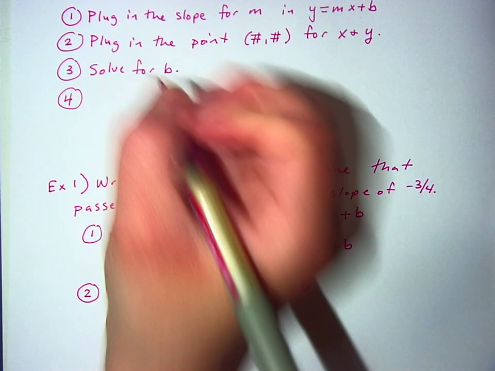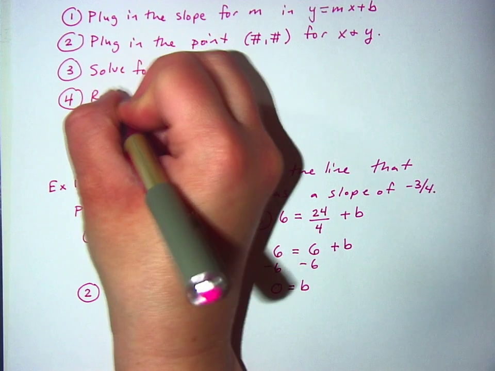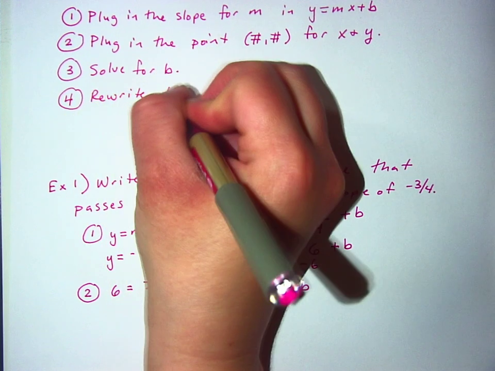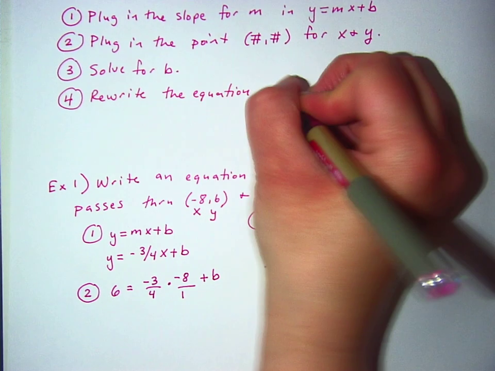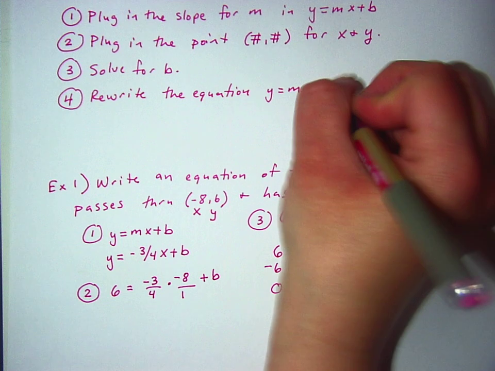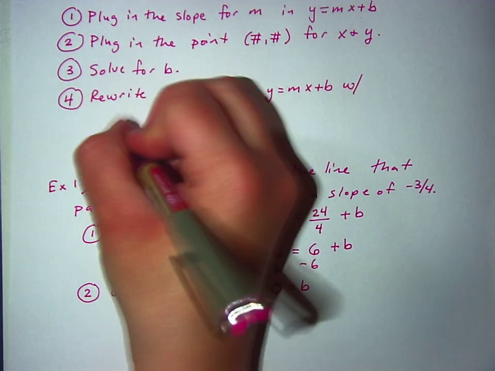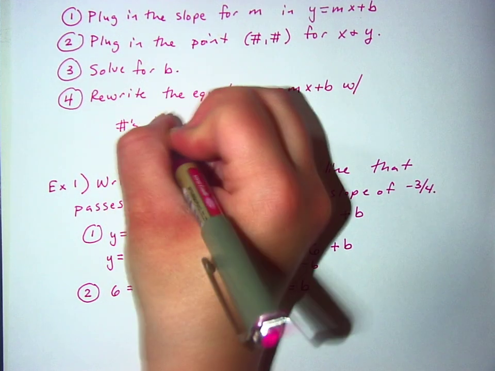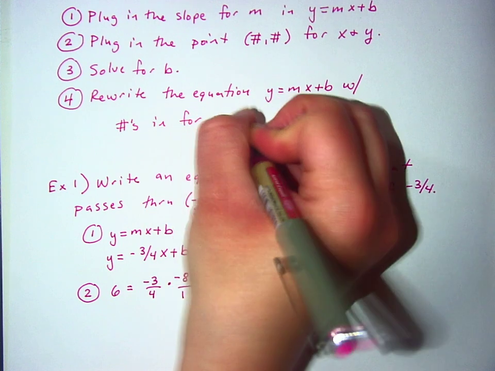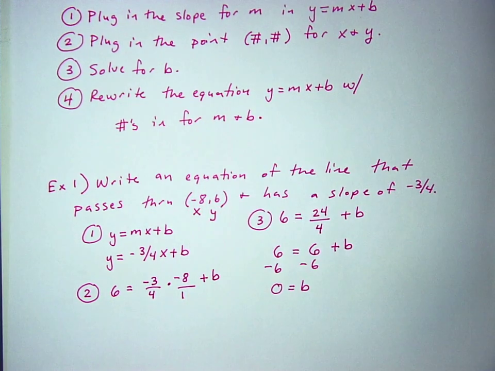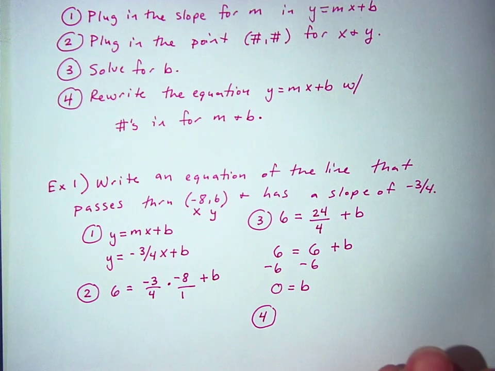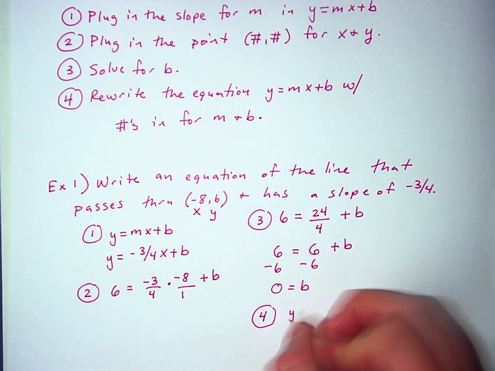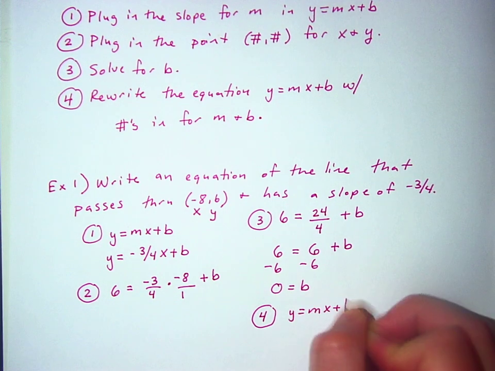Step 4, last step, you have to rewrite the equation y = mx + b with numbers in for m and b, and that will be your final answer. So for step 4, my final step, I'm going to rewrite the equation, so it's y = mx + b, and then I have to fill in for m and b.